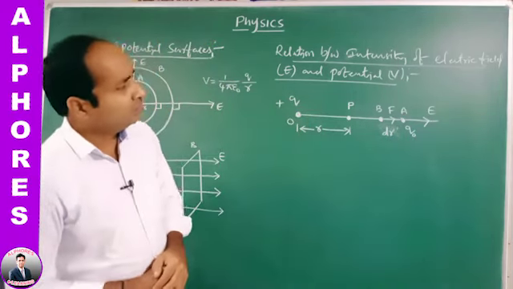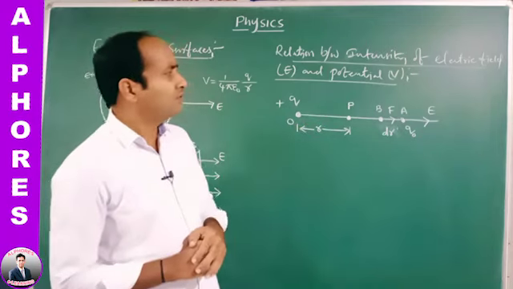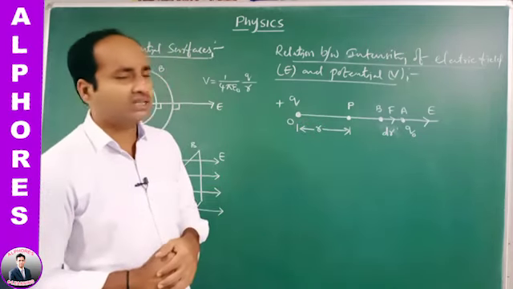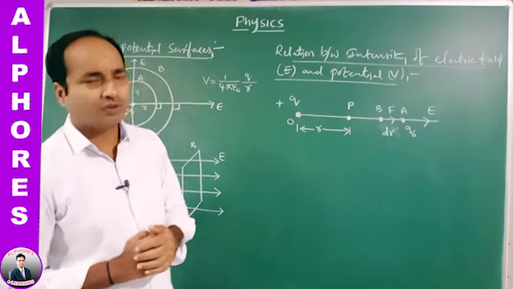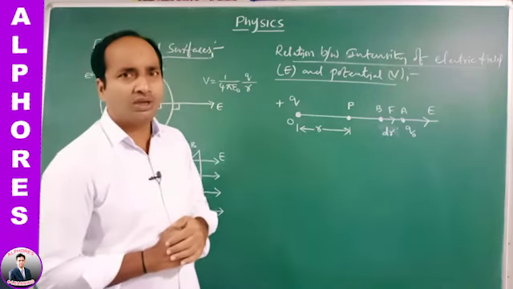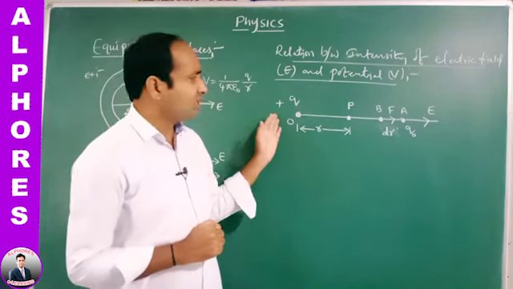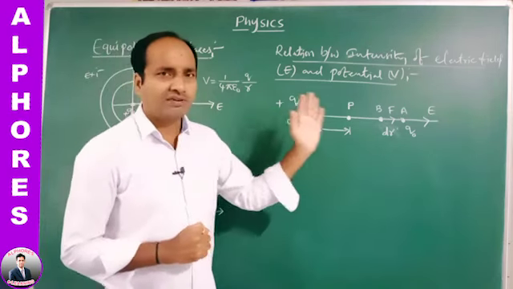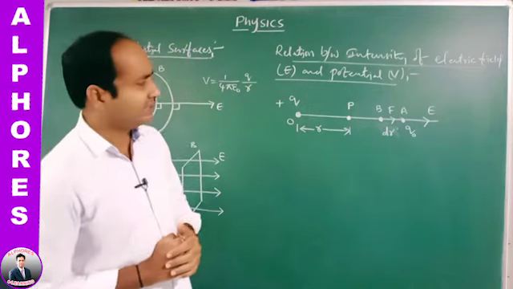Now against the repulsive force, we have to move the charge from A to B. The repulsion force is acting from B to A, because the source charge is positive and the electric field is directed towards the right side.